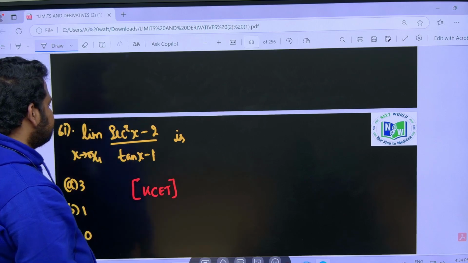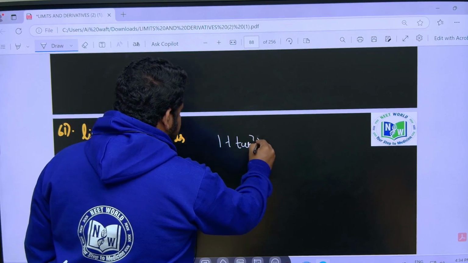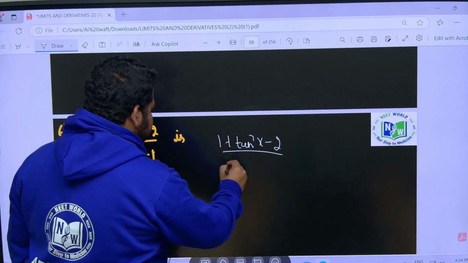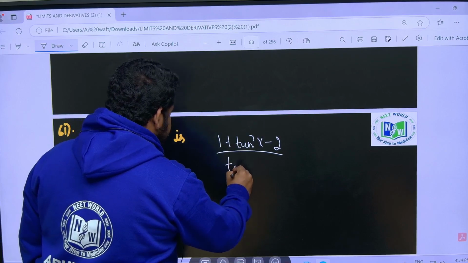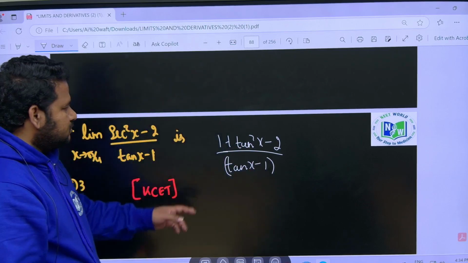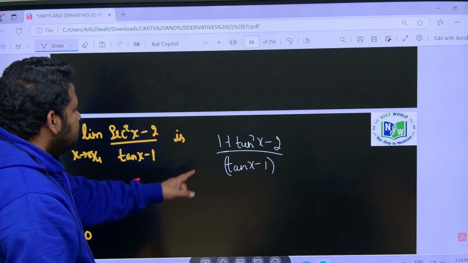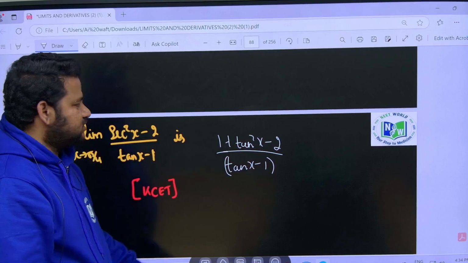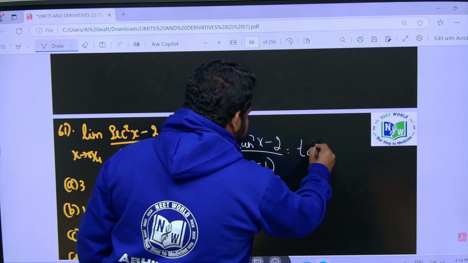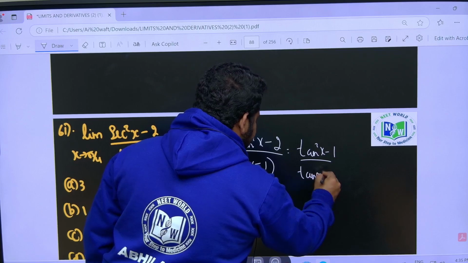So secant square x can be written as 1 plus tan square x, so 1 plus tan square x minus 2 by tan x minus 1. Here 1 minus 2 is there, so this is tan square x minus 1 by tan x minus 1.